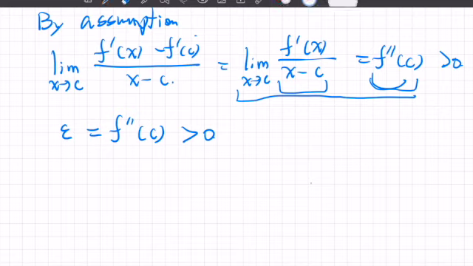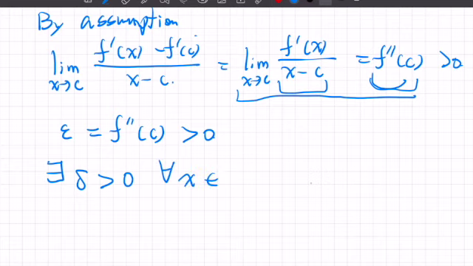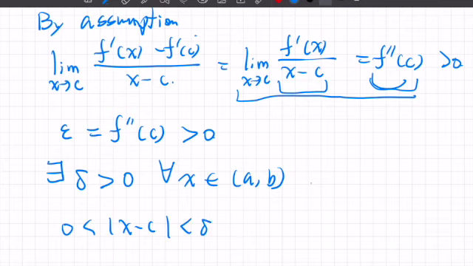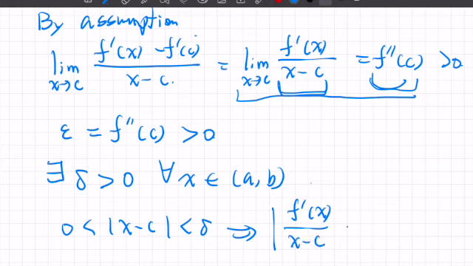Then, by the definition of limits, there exists some positive real number delta such that for all x in this interval between a and b, 0 less than the modulus of x minus c less than delta implies that the modulus of f prime of x over x minus c minus f double prime c is less than epsilon.